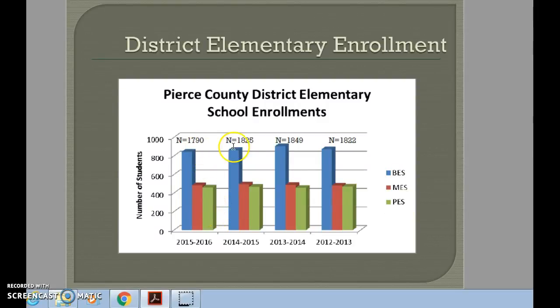Over at the top are overall numbers of students enrolled in our elementary schools, and here are years in which this data has occurred, and you'll see that consistently our school has had about double the enrollment that the other elementary schools in our district have had.